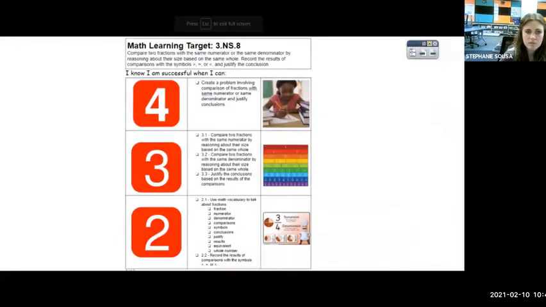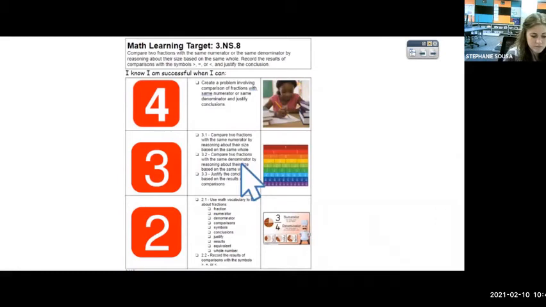Before today, we have been looking at fractions that just have the same denominator and also fractions that have the same numerator. Today, we are going to mix it up and we will be working with both. We will be looking to make sure that you can justify the conclusions based on your realization if they have the same numerator or same denominator.